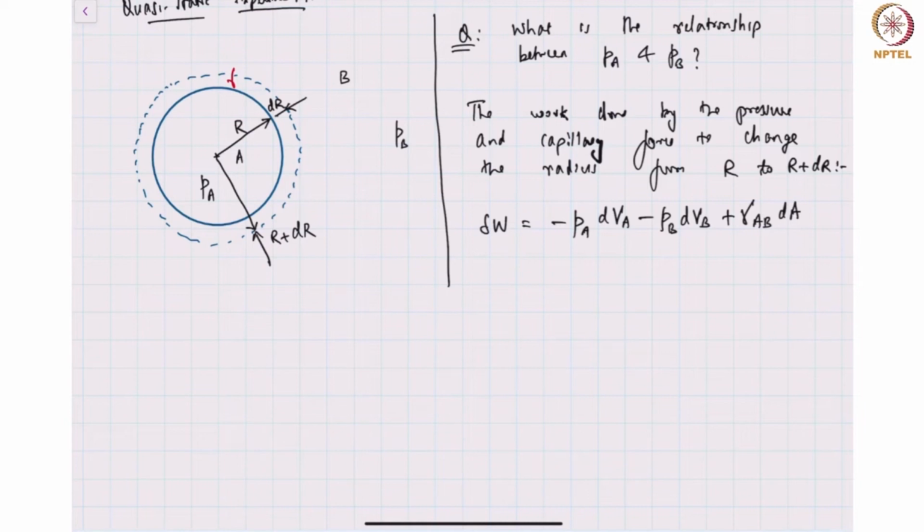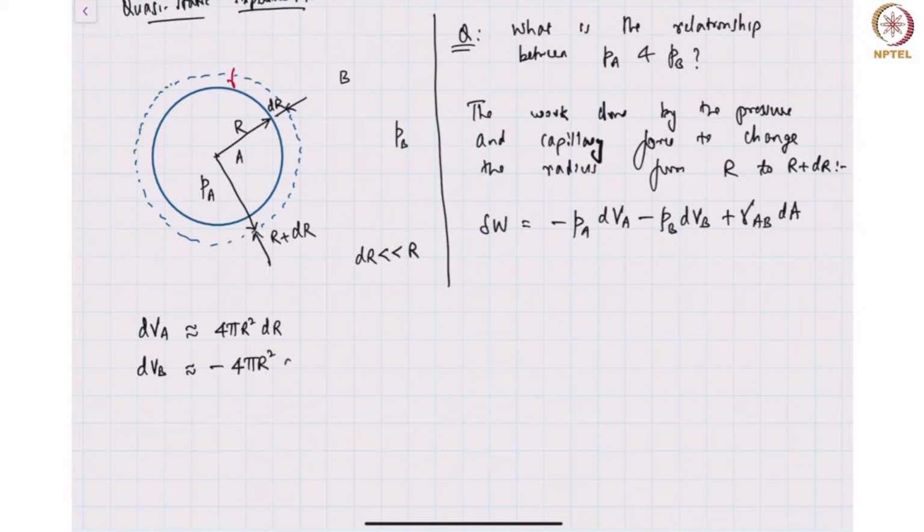Now we can write down expressions for each of them. What is the expression for dVA? The change in the volume would be approximately 4 pi r square dr. Here we are assuming that dr is much smaller than r. Similarly dVB would be exactly the same but with a minus sign.